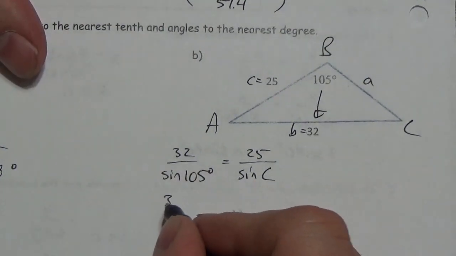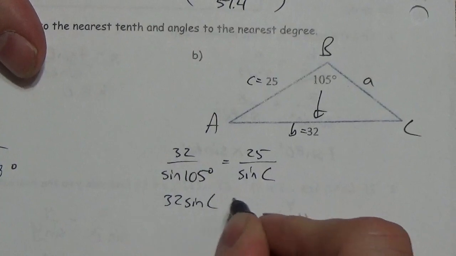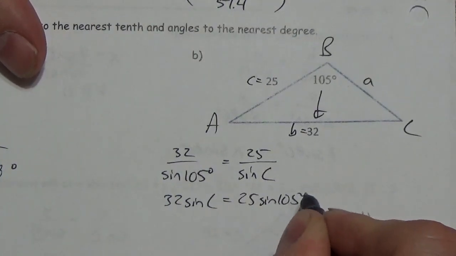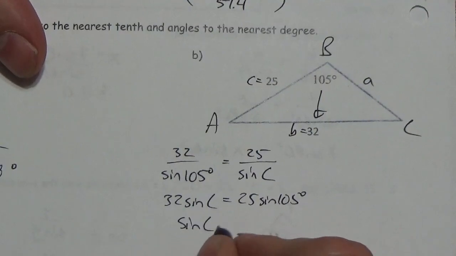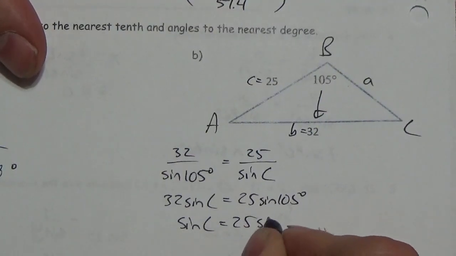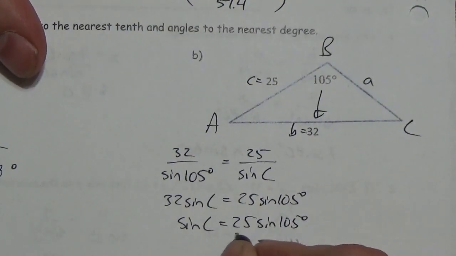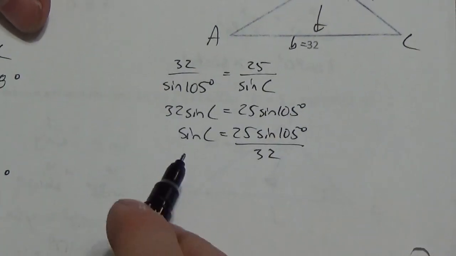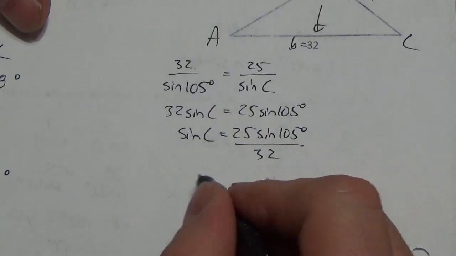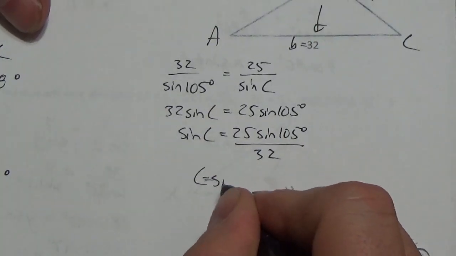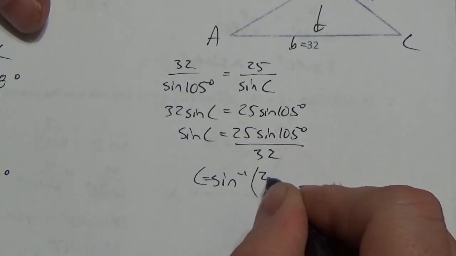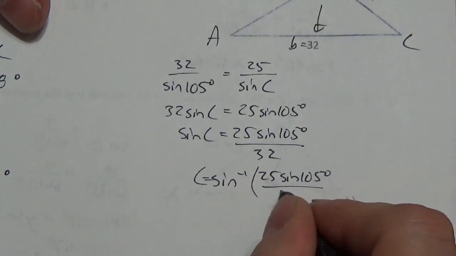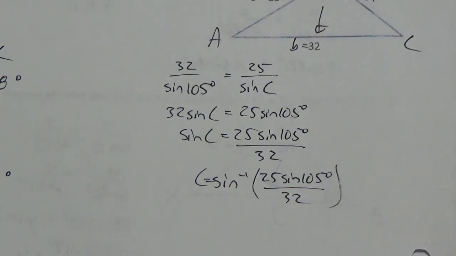I will cross multiply. So 32 sine of c is equal to 25 sine of 105. And so the sine of c will equal 25 sine of 105 degrees divided by 32. And then remember, to solve for the angle, I've got to do the inverse sine function of the right-hand side here.